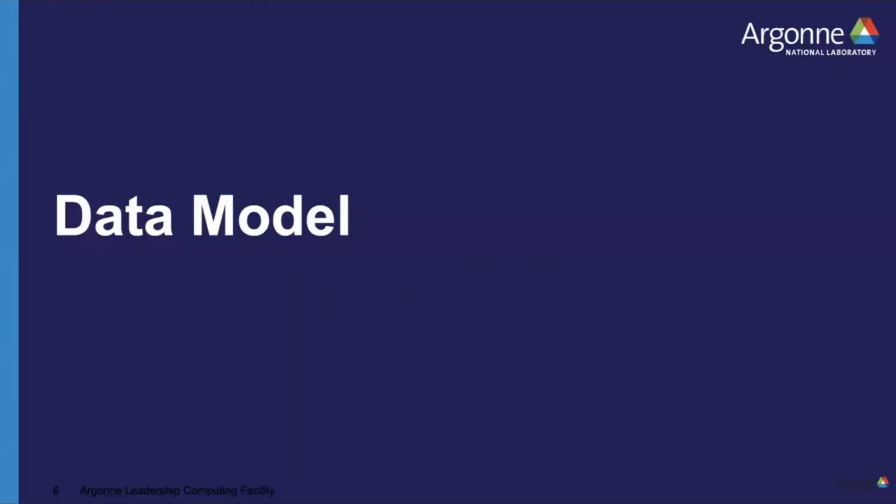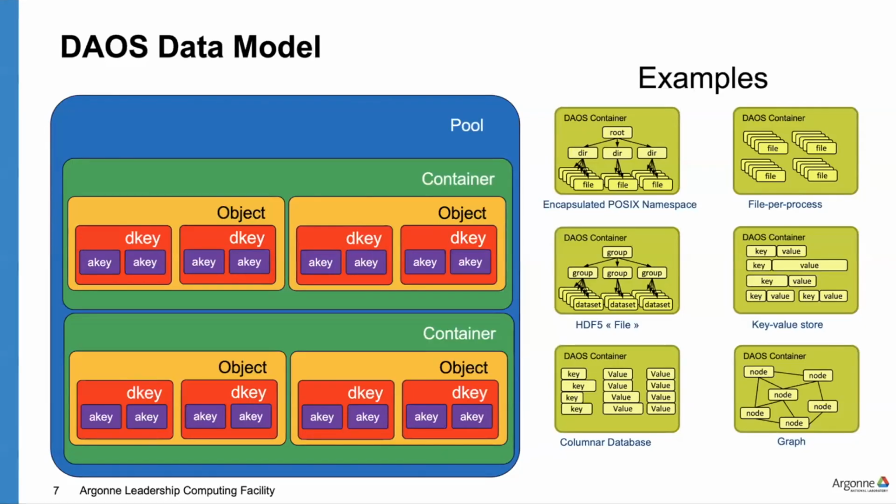All right, so this next part, I'm going to talk a little bit about the data model. You don't have to understand all of these elements in detail. I just want to make people aware and give you some background. In this outer blue box, you start in DAOS with something called a pool. The pool stands for the physical storage of the system that's allocated. So you allocate some physical storage, and that's referred to as the pool.